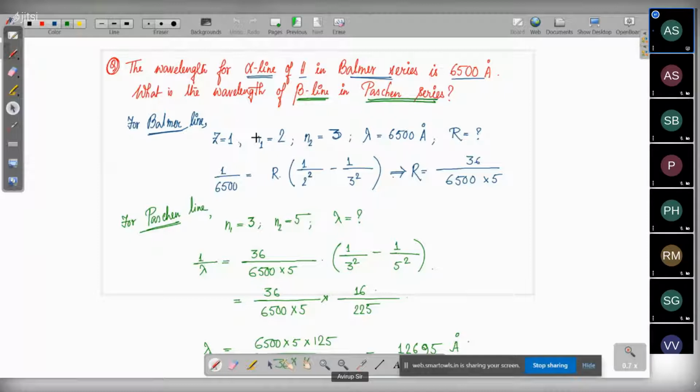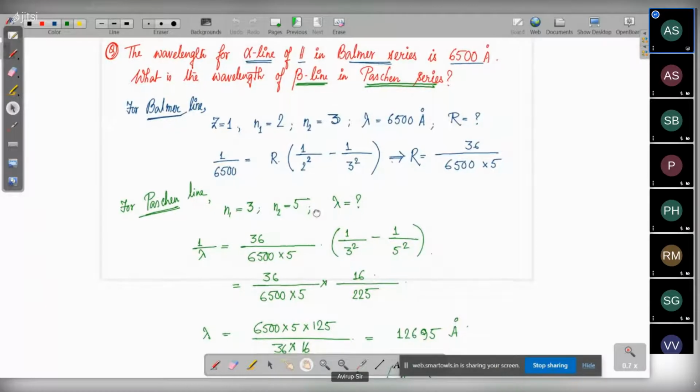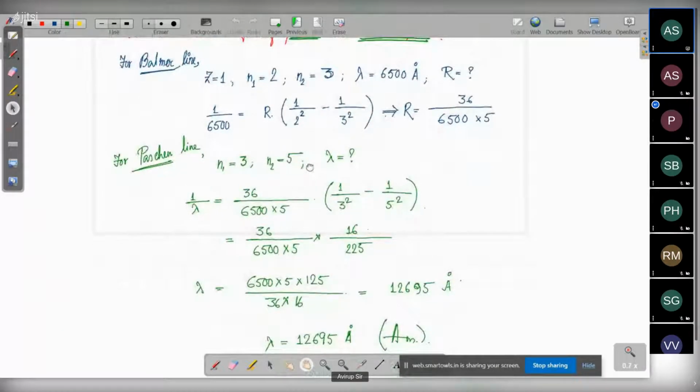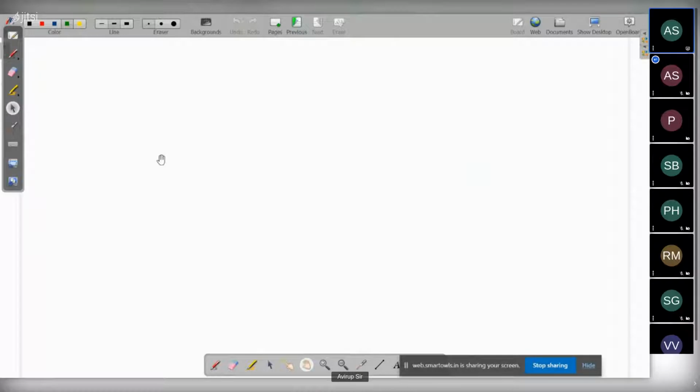Once you get that, apply that Rydberg value in the second line of the question and find out the value of wavelength. Okay? Is it clear to everyone? Please let me know. Yes, sir.